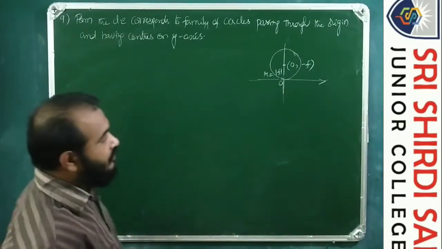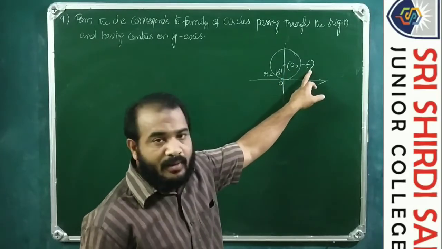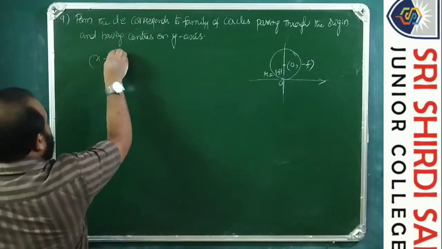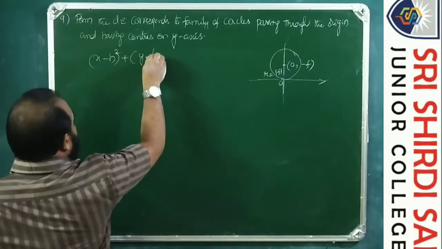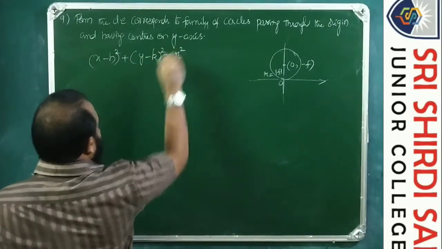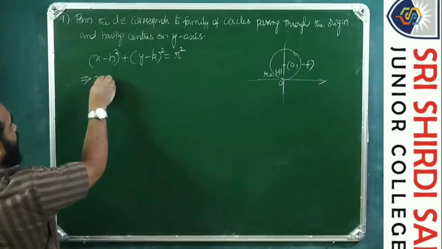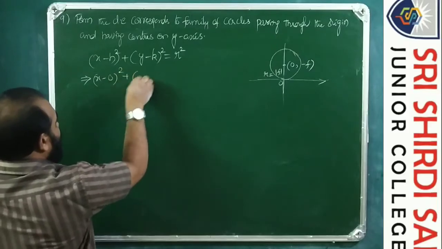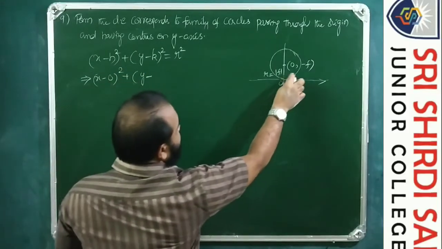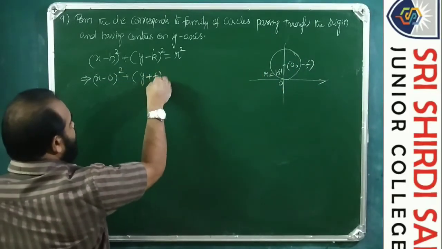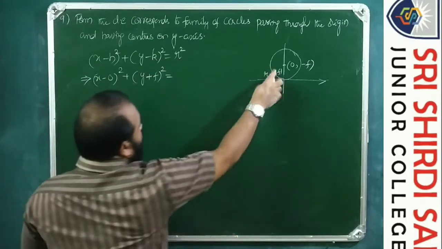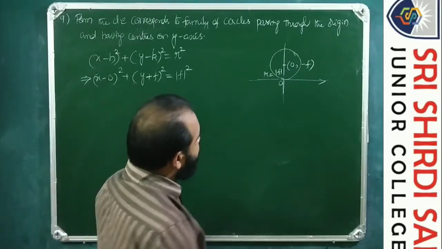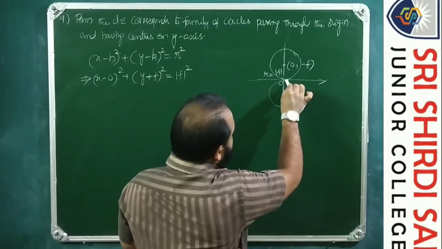What is the equation of the circle having center (h, k) and radius r? (x - h)² + (y - k)² = r². So this is (x - 0)² + (y - (-f))², with r being modulus of f, whole squared.